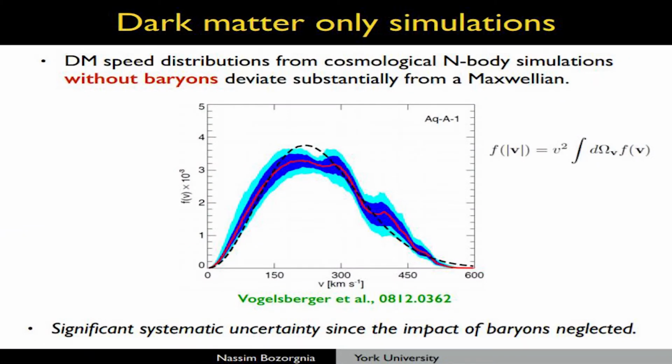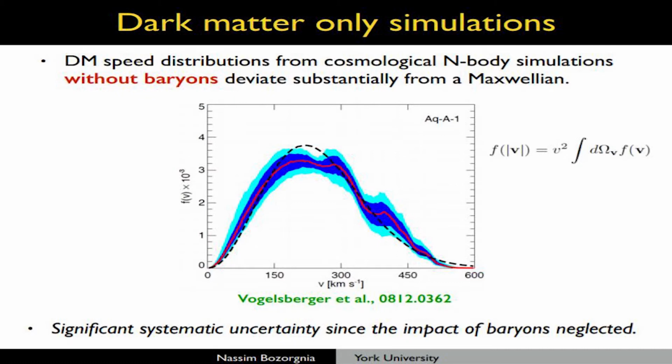At that time, we didn't have many of these cosmological simulations which include astrophysical processes, so these were run without the effect of baryons. And what they found for the velocity distribution, shown in these blue curves, was significant deviations with respect to a Maxwellian.